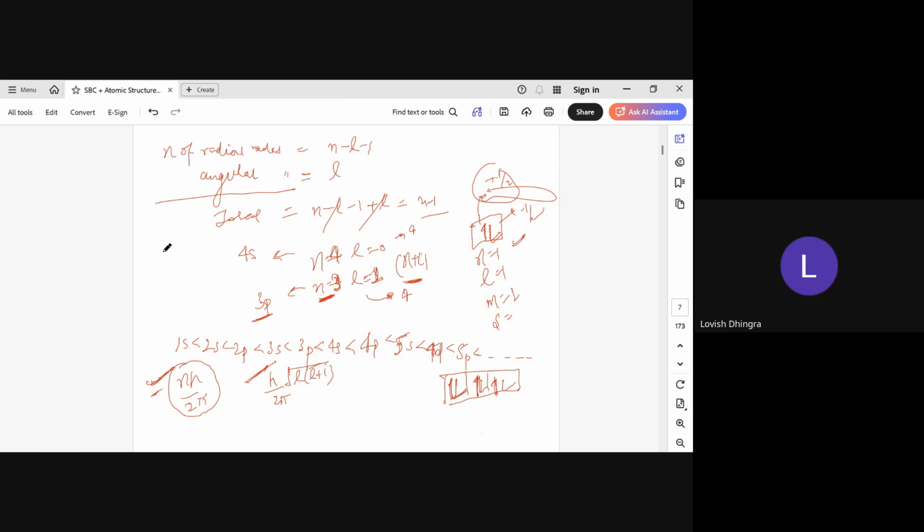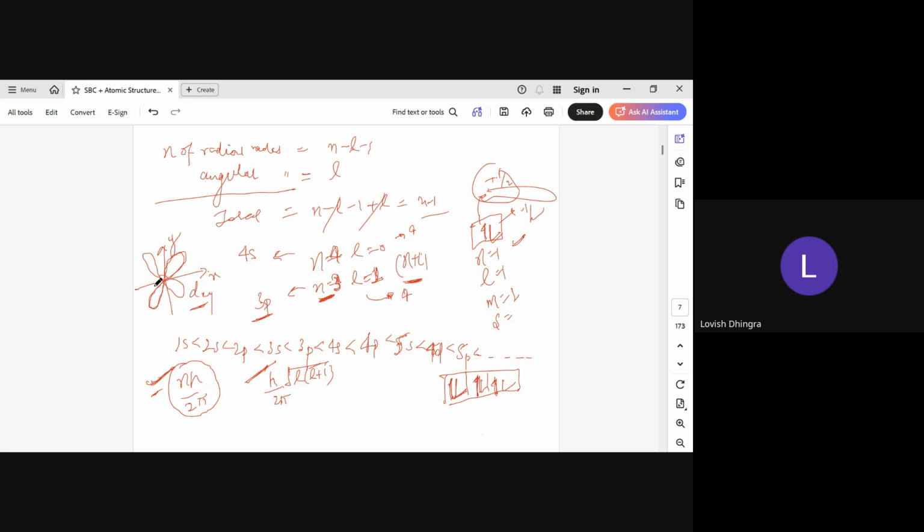That I was explaining, like d orbitals you have seen in NCERT also. Suppose this is dxy. This is the x-axis and this one is the y-axis. These are the lobes that are present in between the axes. Similarly, you can define dyz and dzx.